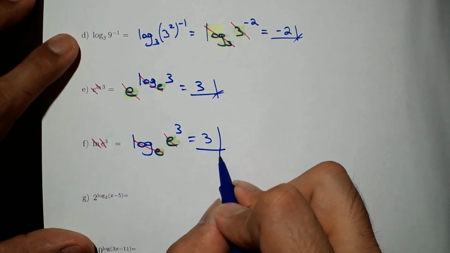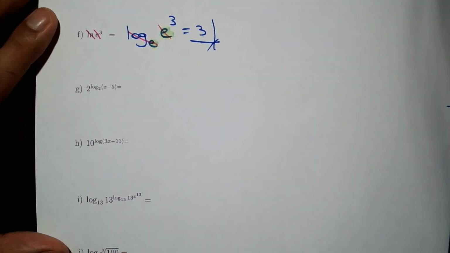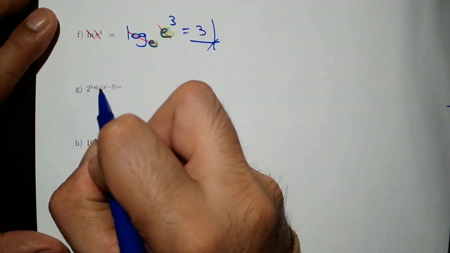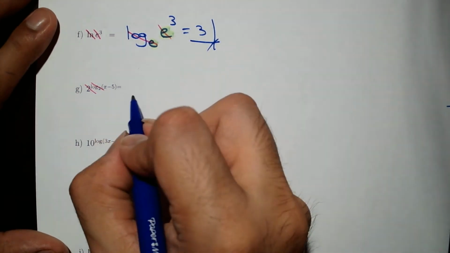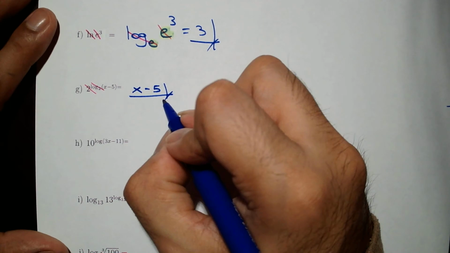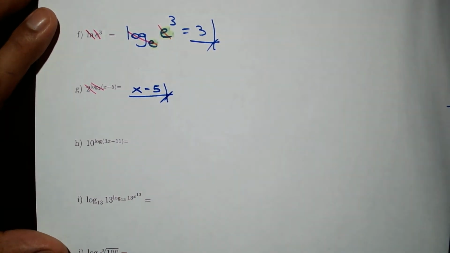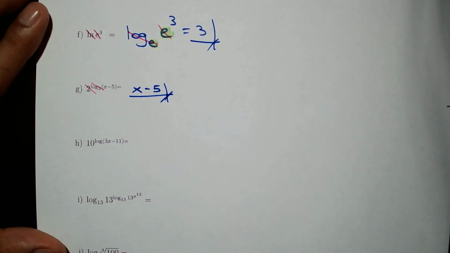Okay. I think it is more visual when we look at letter G. 2 to the log base 2. All we do is boom, boom, cancel these two, and this is x minus 5, whatever remains. Next, 10 to the log.